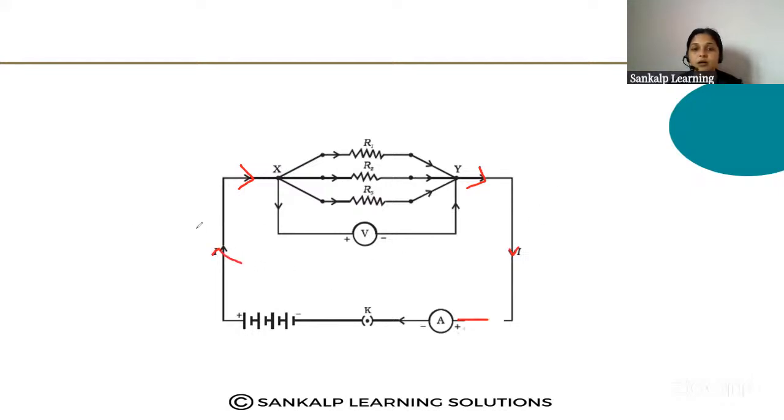So this is how to draw three resistors in parallel with voltmeter, ammeter, plug key and battery. I hope you got this point, and I will move to the next question.